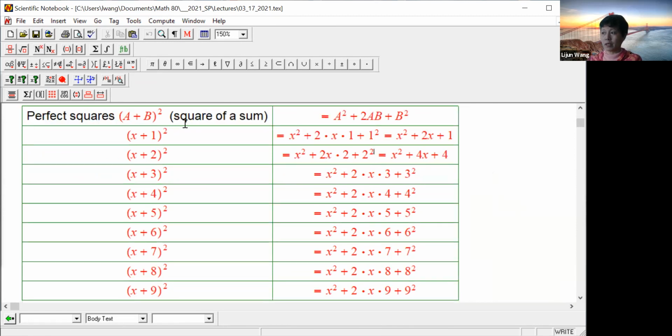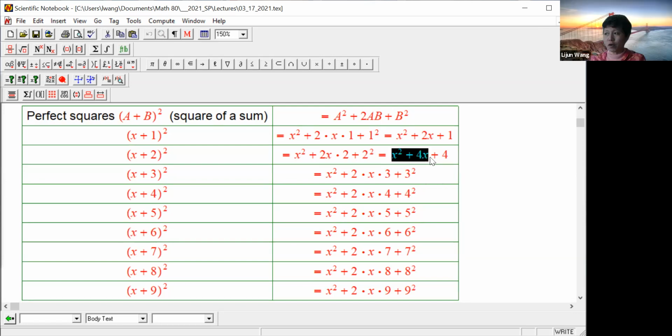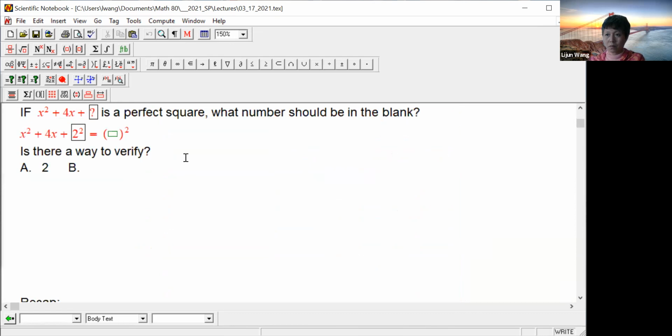So you were given x squared plus 4x, and you identify another number to make it a perfect square. That number should be 2 squared, yes, not 2. So what will be that perfect square? It should be x plus 2 squared, right?